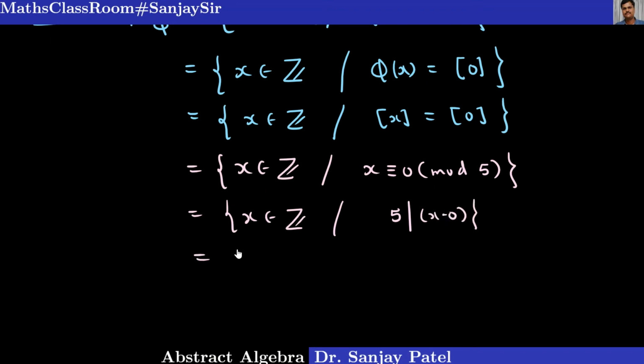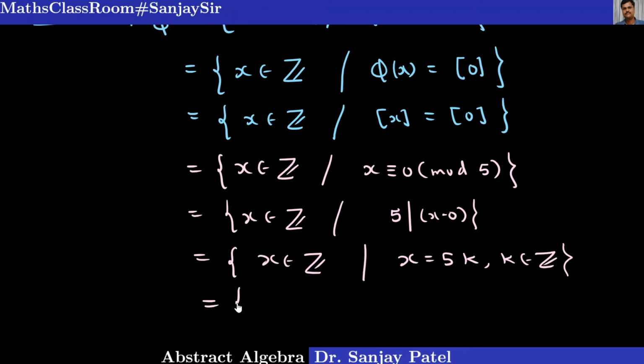In other words, it is the set of all x belonging to Z such that 5 divides x, meaning x is a multiple of 5. So I can write x equals 5 times k, where k belongs to Z. So x is any multiple of 5, then 5 divides x.